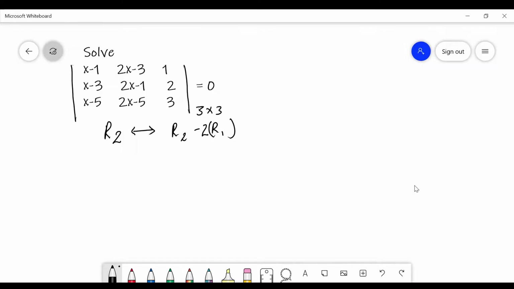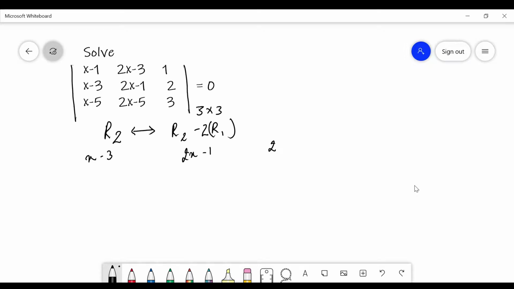In this case, if you see the last element of the first row, A13, this is 1. If I multiply it with 2 and then deduct it from 2, then I will get 0, right? Let me solve it for you. The elements of row 2 are x minus 3, 2x minus 1, and 2.